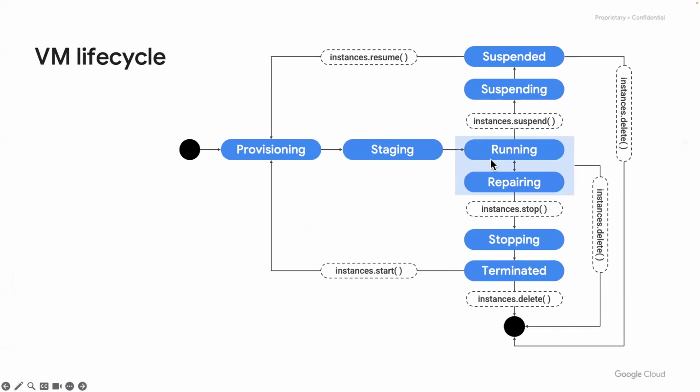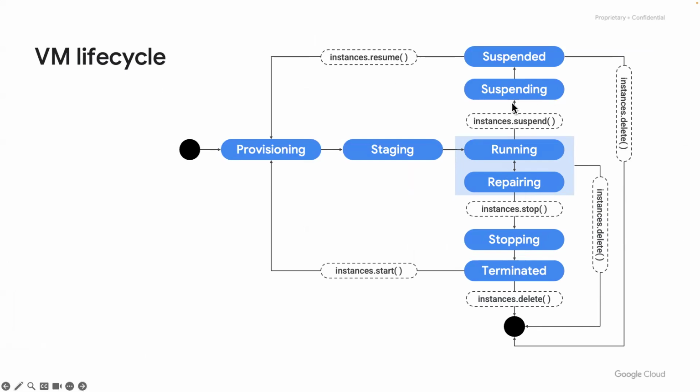So these are the general statuses. Repairing: sometimes it will go into repairing mode if there is any internal error. Then you can keep it suspended, stopped, or terminated. Terminated is technically deleted, and you can keep it stopped, that is power off mode. The system may put it into suspending mode again if there are any internal issues.